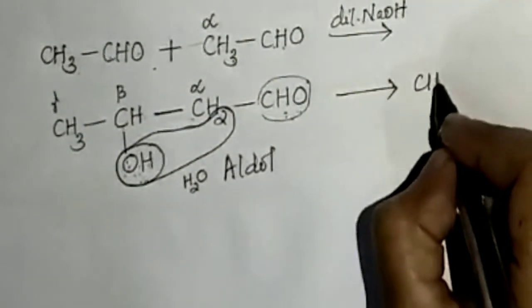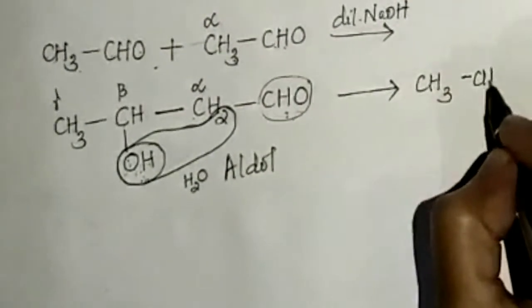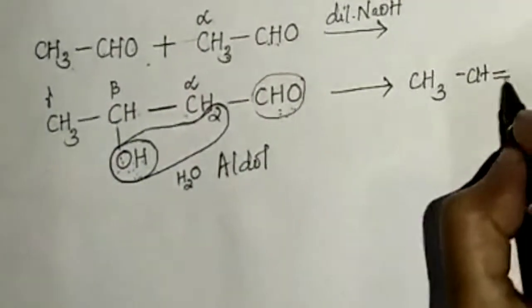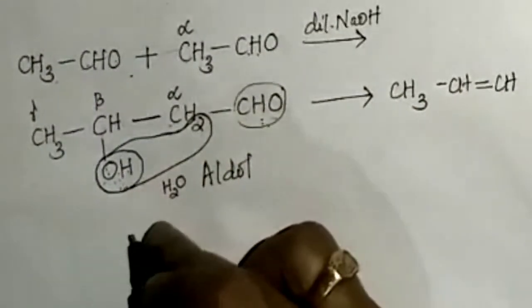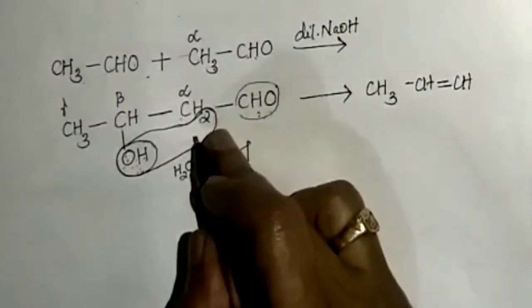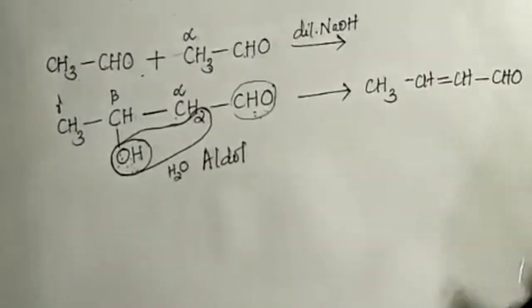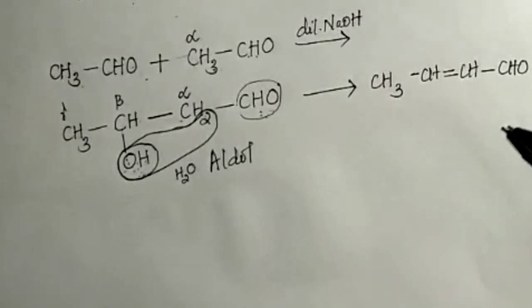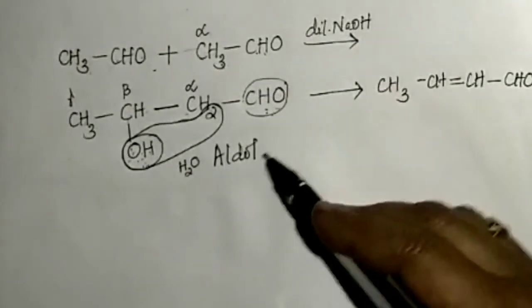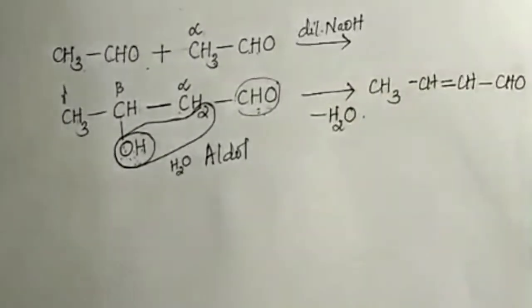So we can write CH3CH=CH, with only one H on this carbon because one hydrogen combines with OH to form the water molecule that is eliminated, then CHO. This is known as aldol condensation because the aldol is formed first, and then one water molecule is eliminated.